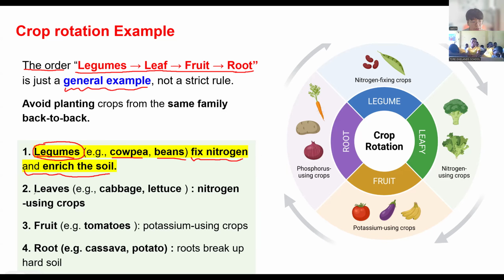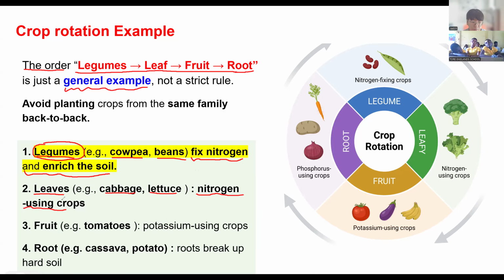And then the leaves come. The second are the leaves, like cabbages and lettuces. Leaves use the nitrogen and the nutrients that are made by the legumes. So it's important that legumes come before leaves, fruits, and roots.